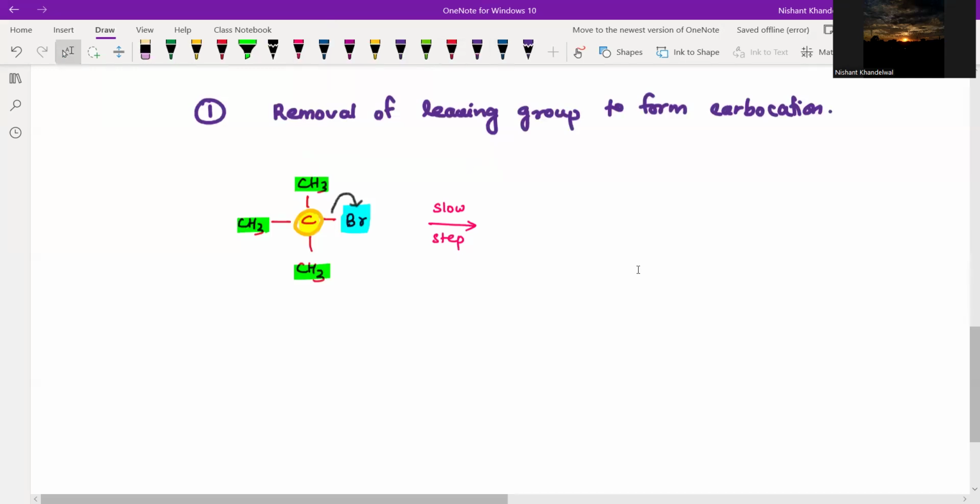So we will be getting this plus Br minus separately, and this is positive now. Whenever a positive charge is placed on a carbon atom, it is called a carbocation. And this is Br minus, the leaving group.